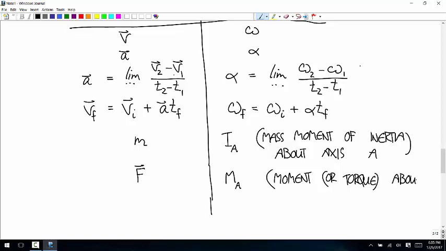Torque about axis A. And just like a force tells you how much acceleration you're going to get for a given object, the moment you apply to something, or the torque you apply to something, tells you how much angular acceleration you're going to get. If you put a big torque on something, you'll get a big angular acceleration. Small torque will get a small angular acceleration.